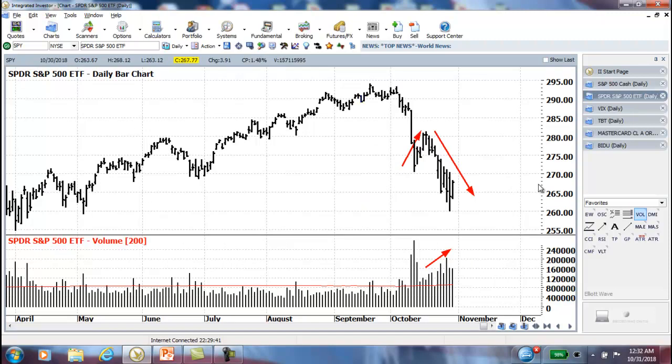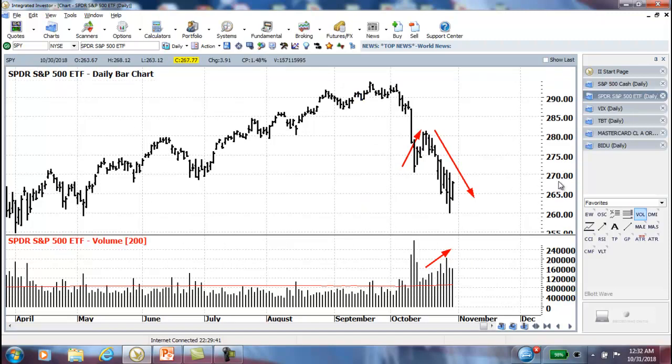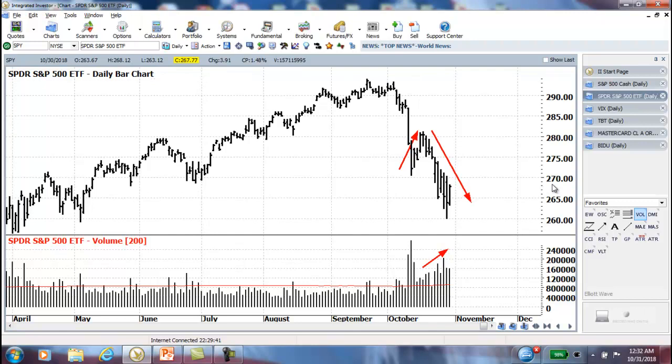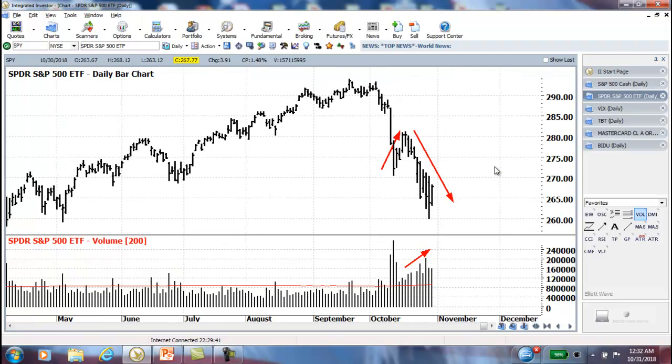That's usually when a bottom's put in. We just haven't had that kind of volume. Doesn't mean we have to have it, but quite often you just get that, I just call it a flush out, just where everyone who wants to sell panic sells, and then at that point, the smart money steps in, and we start a new impulse pattern back to the upside.